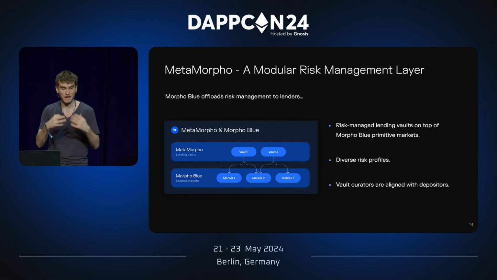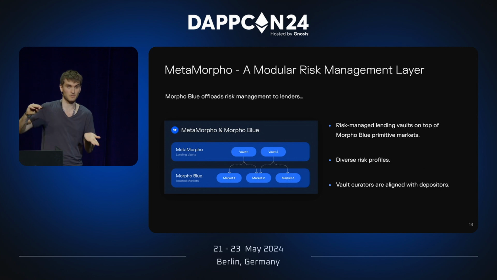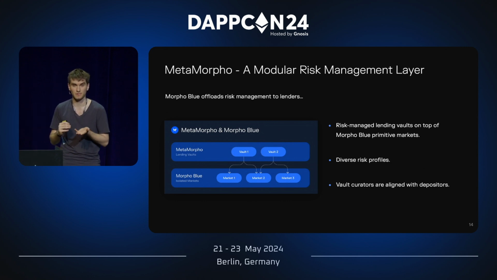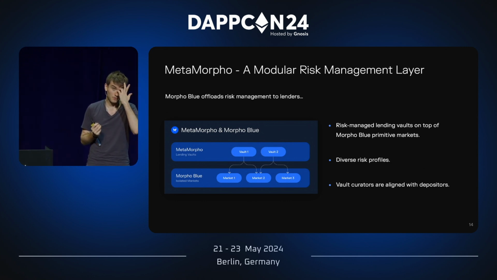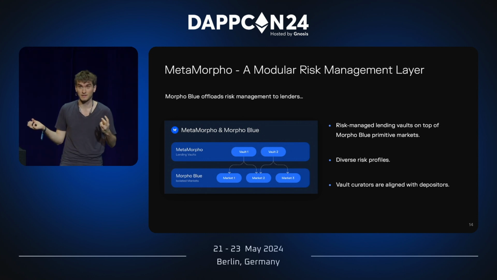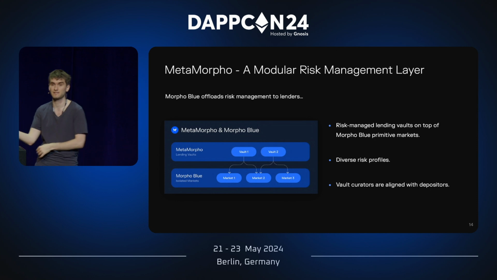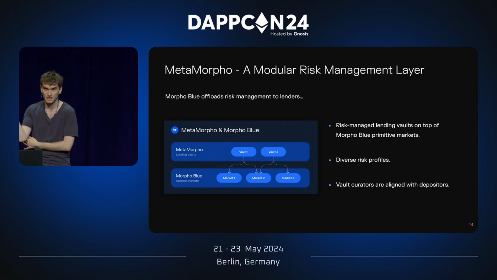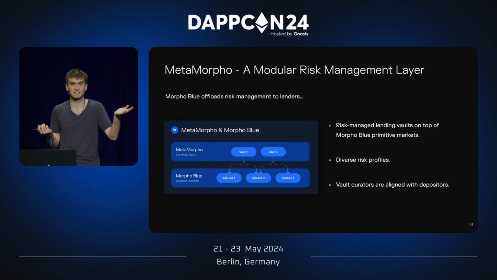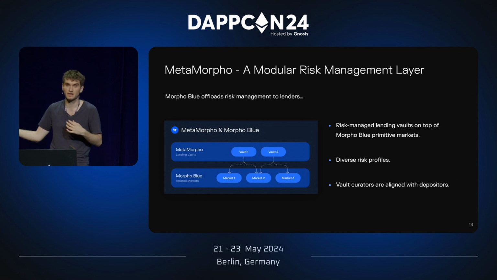And so this is why we have a second layer, which is the risk management layer that we like to call MetaMorpho, where essentially you have risk experts that can build their own risk-managed vault and provide this passive experience to users. So if you have USDC, you can go into the Block Analitica and RiskDAO vault, or you can go into the Gauntlet vault.